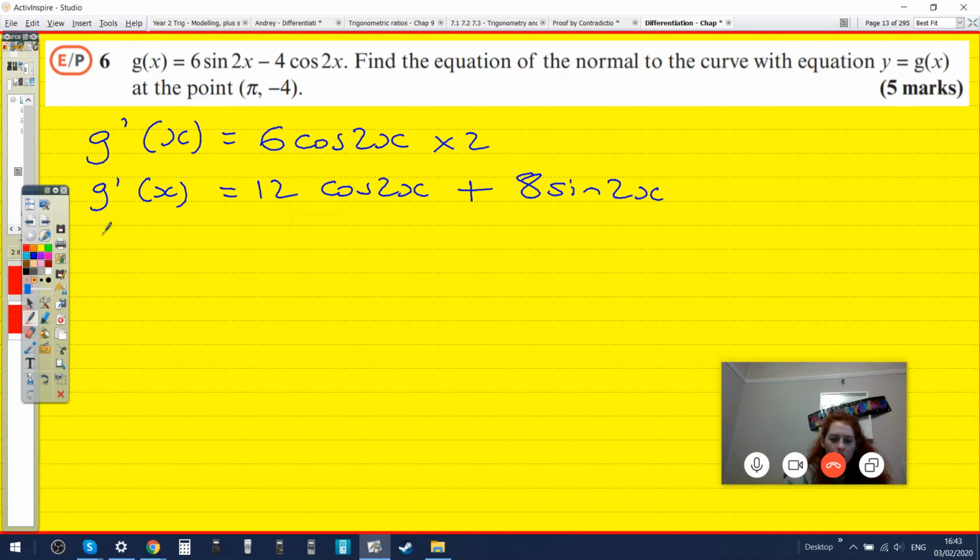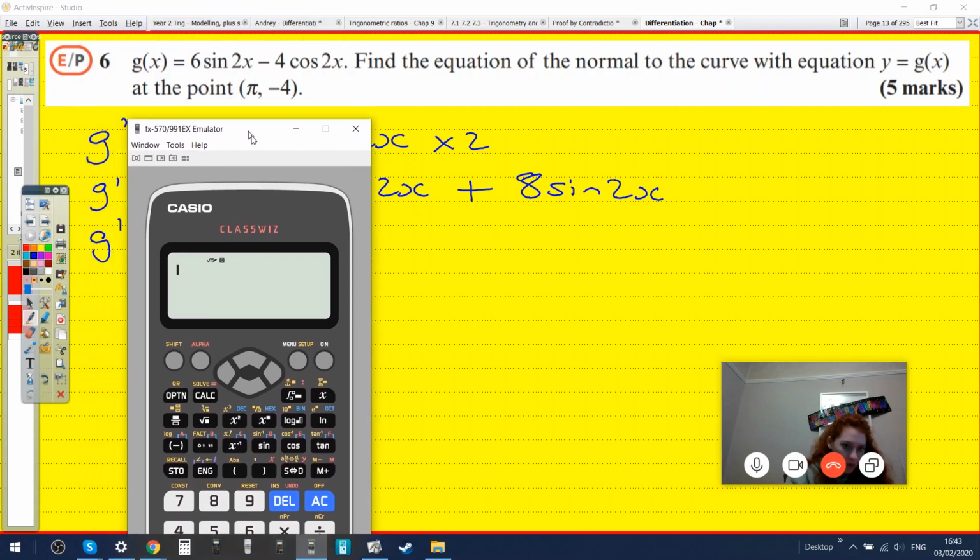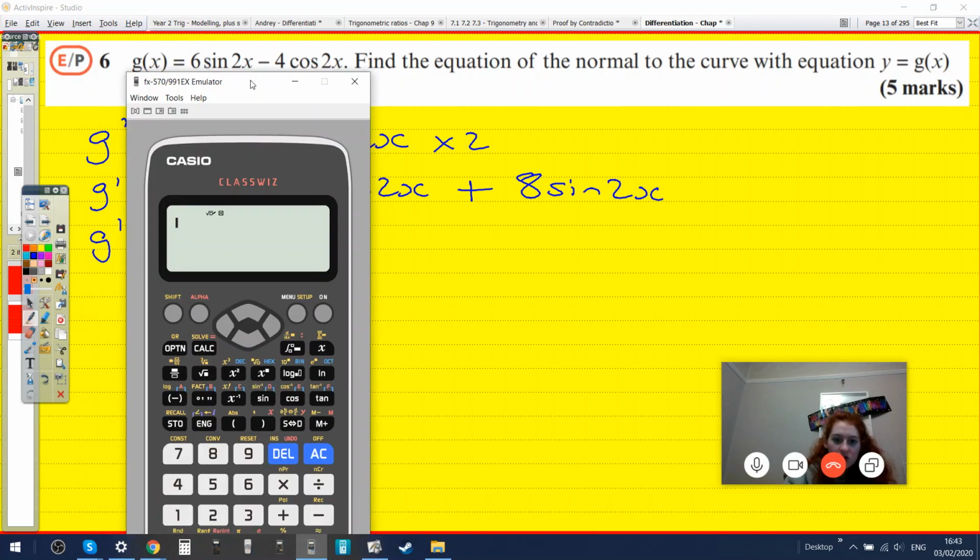It's not when x is 1. It's the x coordinate. Oh, pi. Yes. And so you do the g dash of pi. So is this going to be in radians? Yeah.